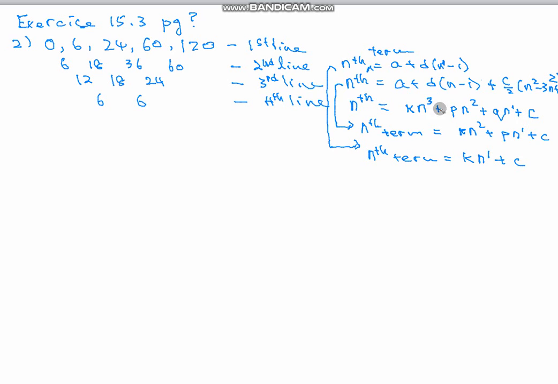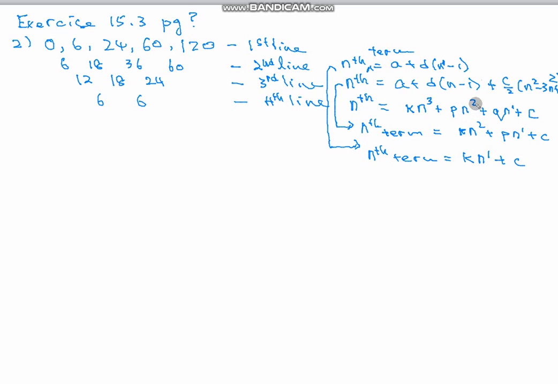So you see the relationship? The k, p, q, c, all that is just a number. It's not based on the formula. This one is just telling you how it's going to look. This is not the formula. This is the pattern of the n term for second line constant, third line constant, fourth line constant.